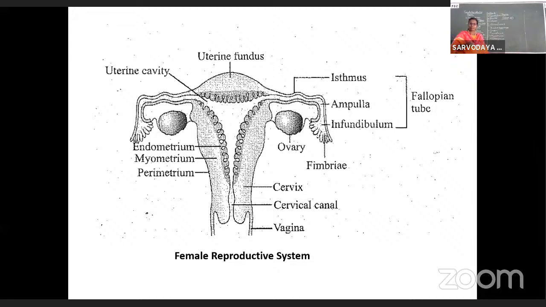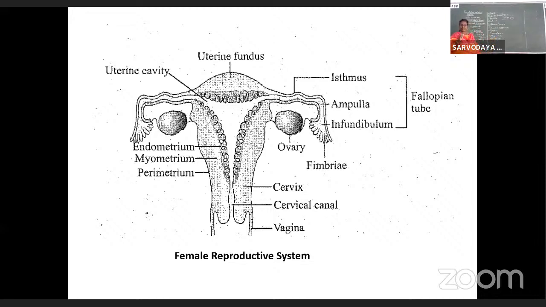The labelings are there: perimetrium, myometrium and endometrium. What is perimetrium? The outer layer of the uterus. What is the second one? Myometrium. Myo means muscle. So myometrium is made up of muscle tissue.